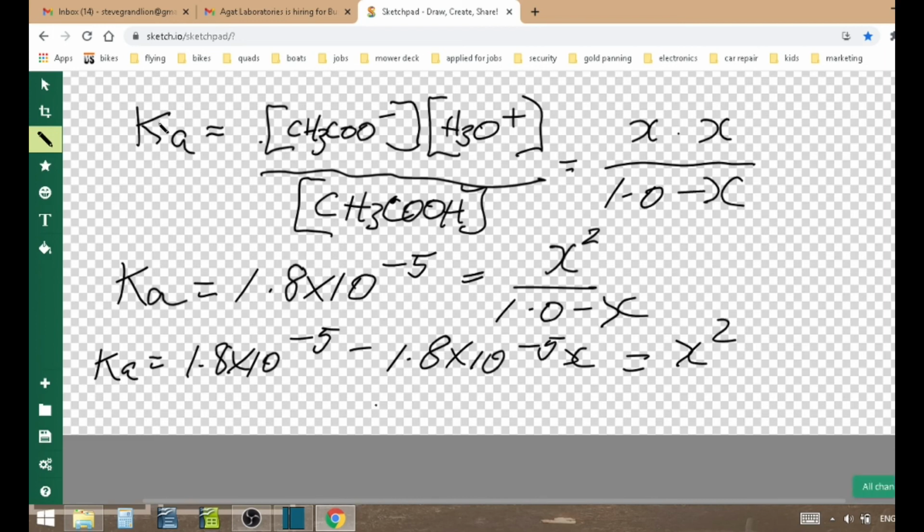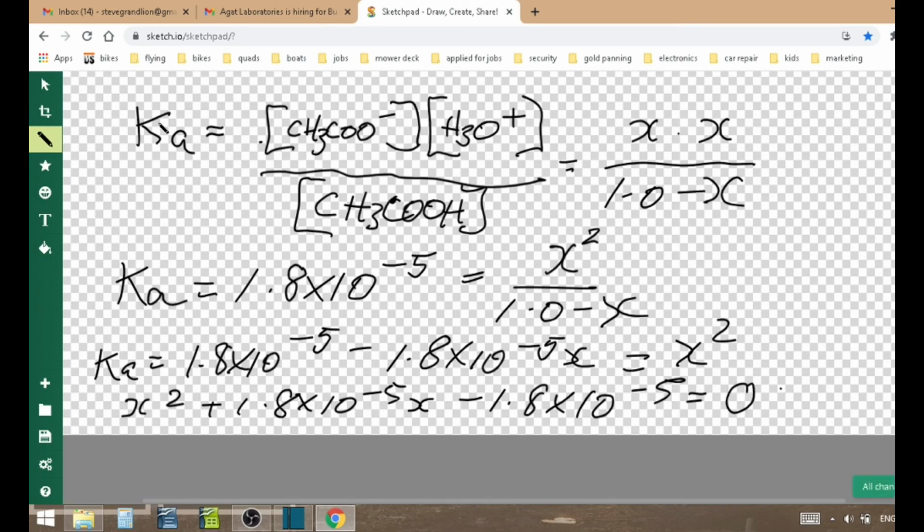Okay, so this side of the equation equals X squared, and we want to get this equal to 0. So we want to bring everything on this side of the equation over to the other side of the equation. And when we do that, we get X squared plus 1.8 times 10 to the minus 5 X minus 1.8 times 10 to the minus 5 equals 0.